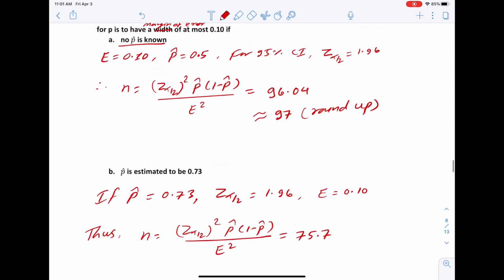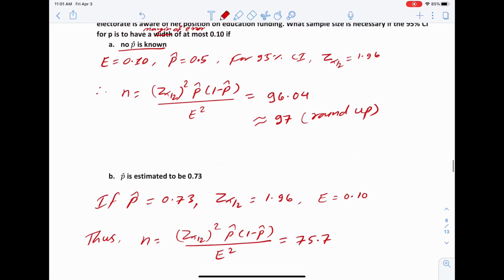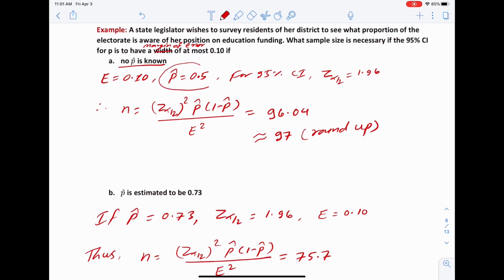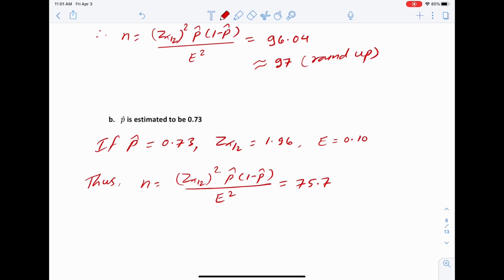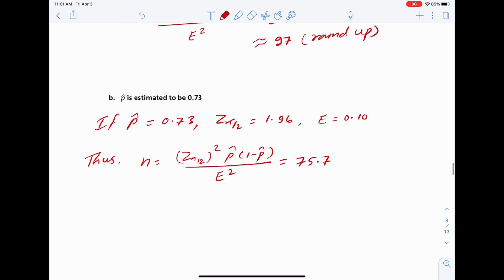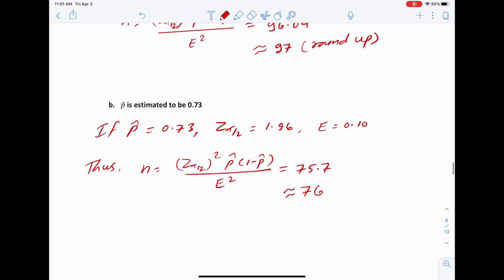And remember, if you take p hat equals 0.5, that will give you the largest n value, so we're definitely going to get a smaller n value. So if you round this off, it is approximately 76. Okay, that's it for this section.